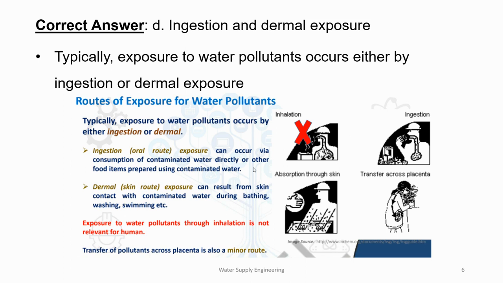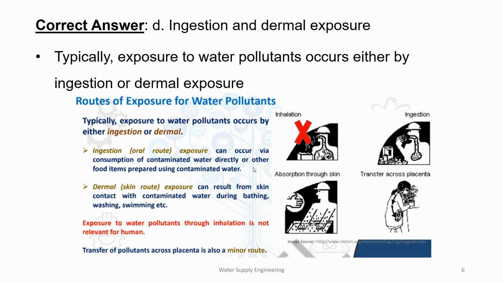This results when our skin comes in contact with a polluted water body, either during bathing, washing, swimming, or any other works, maybe some office related works, some laboratory works, or some field works.